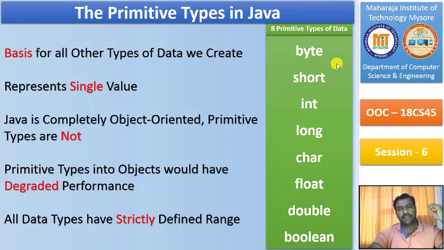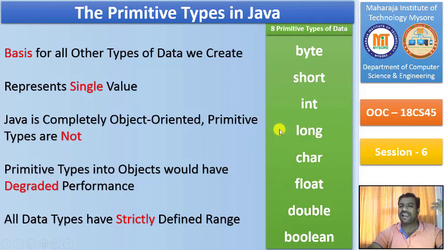The primitive types are the basic types, or we can also call them simple types. These simple types form a basis to create any other data type. For example, if I want to create a pointer type, I need to use any one of these. If I want to use an array type, I need to use any one of these.